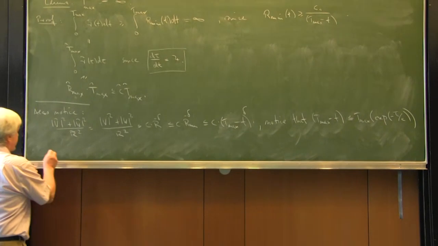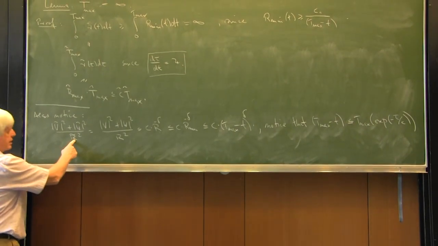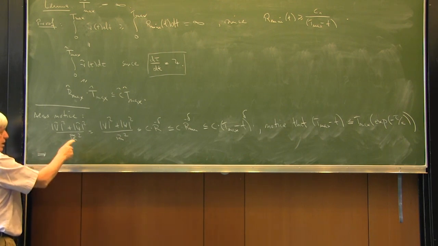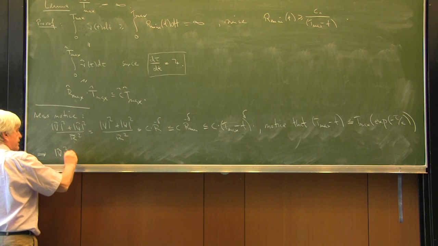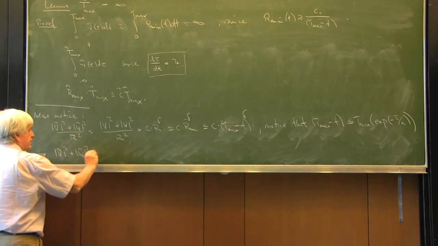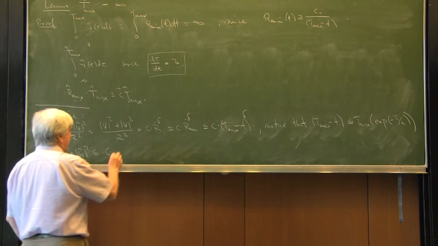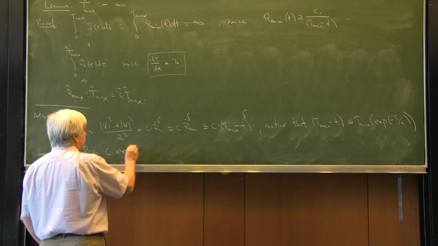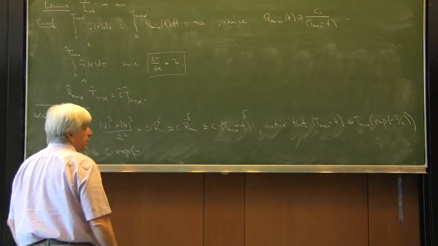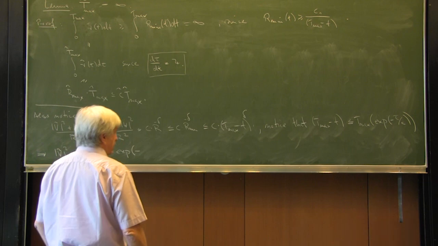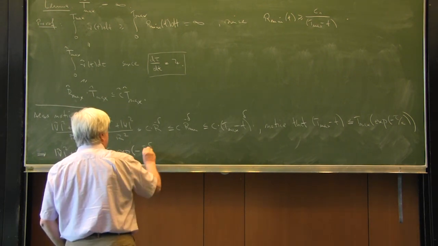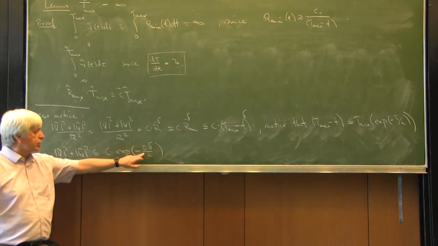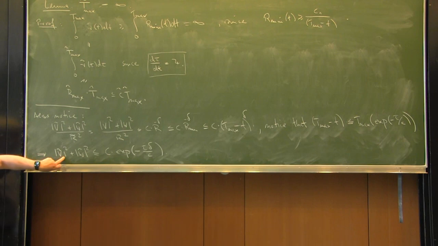So putting this together and noticing that R tilde is bounded from above by a fixed constant, we get that V tilde squared plus W tilde squared is bounded by some constant times e to the minus tau delta over c. So we get some very small exponential decay in tau in our tilde variable.